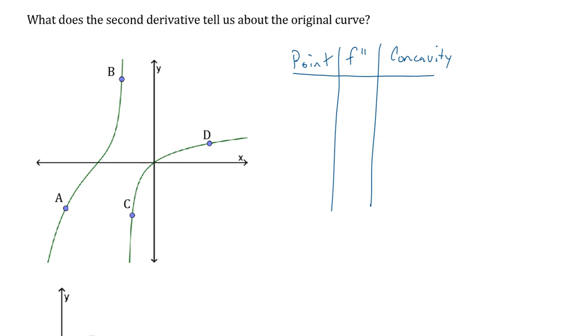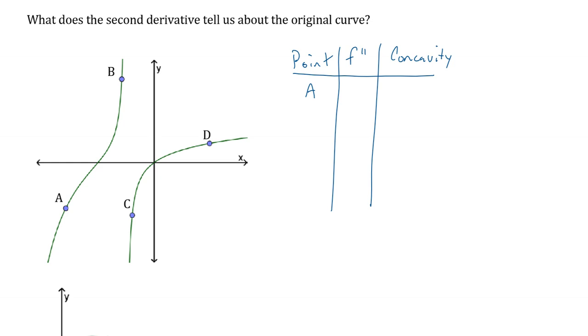It looks like a derivative chart. It's not exactly, but it's purposefully set up to be similar to that. So for point A on this diagram, do you think the function at point A is concave up or concave down? Concave down.